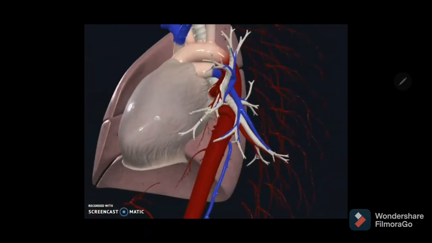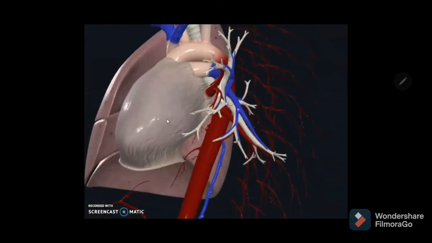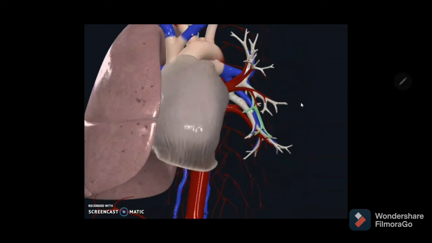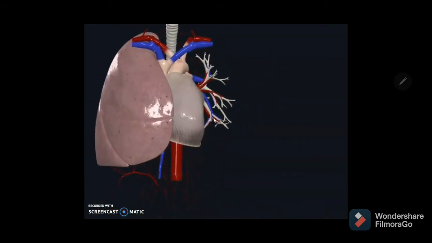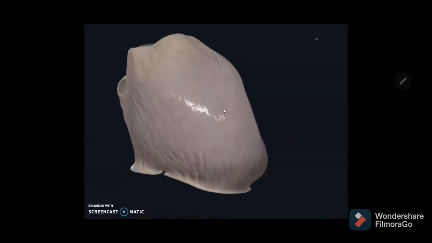You can notice here the left lateral view of the pericardium covering the heart. It is covering not only the heart but also the roots of great blood vessels. If you isolate it here, you can notice the shape.